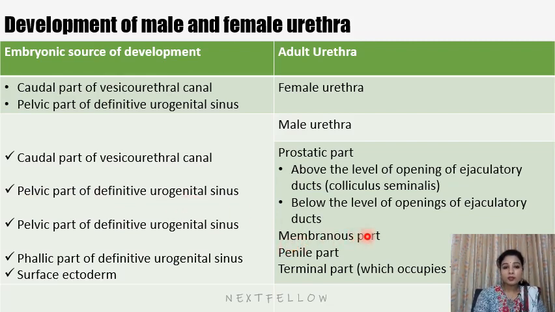The membranous part is again from the pelvic part of the definitive urogenital sinus. The penile part is from the phallic part of the definitive urogenital sinus, and the terminal part is from the surface ectoderm, which occupies the glans penis below that.